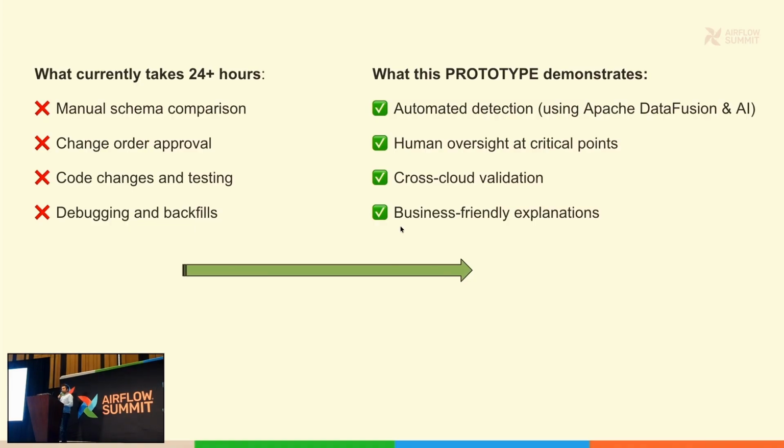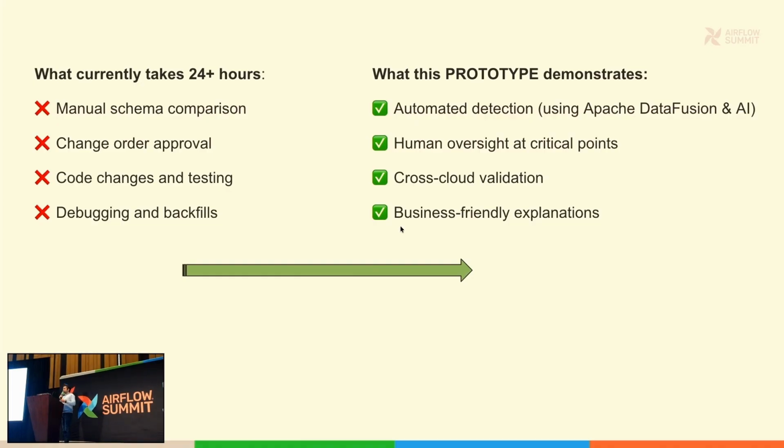That is not just going to take 24 plus hours, that's probably going to take a couple of days, at the very least a few days. So he's using Apache DataFusion, more on it in a bit, and the LLM operators that he has created. Human oversight, like you saw him using human in the loop that was released in 3.1, is critical, along with cross-cloud validation and business-friendly explanations.